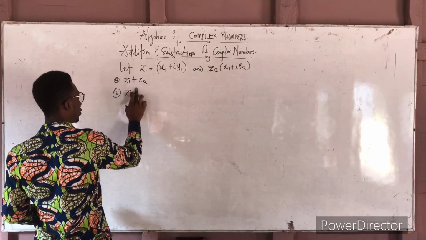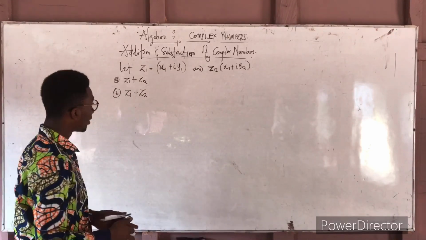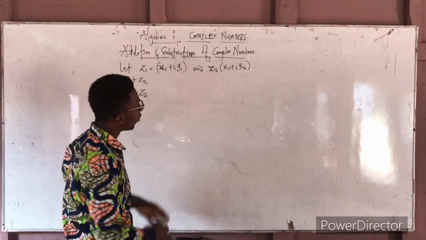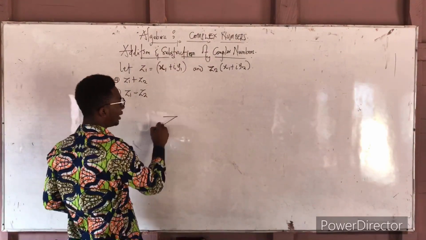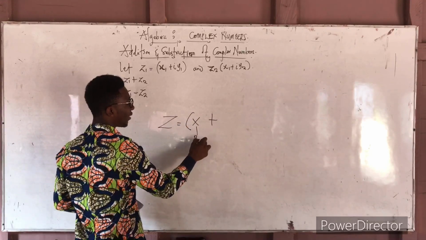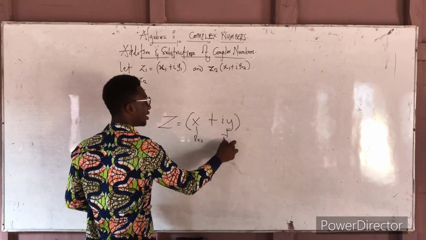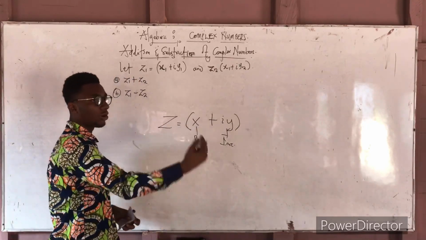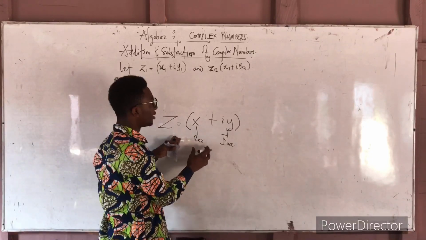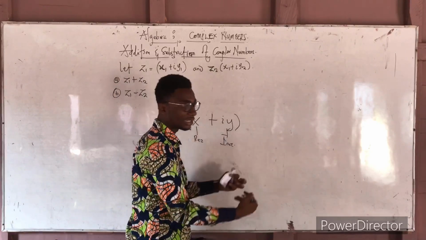What we do here is that if you have a complex number z, it has two parts, the real part and the imaginary part. Anytime we want to add two complex numbers, we add the real parts first separately, and then add the imaginary parts separately.